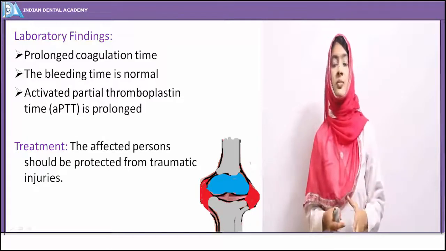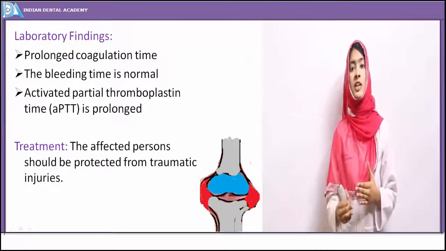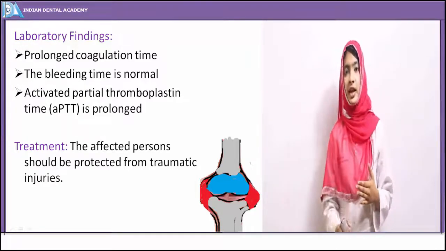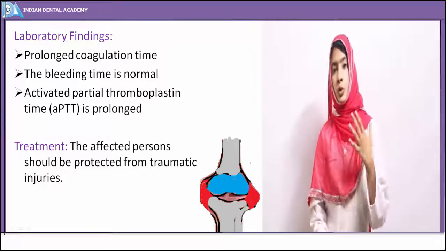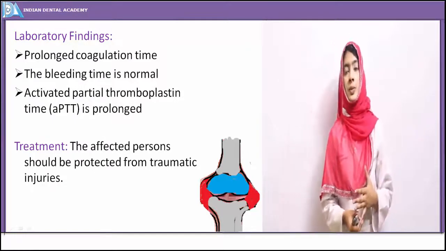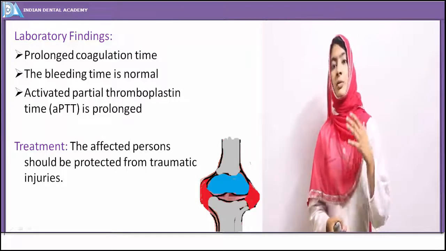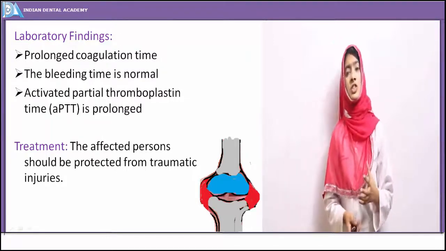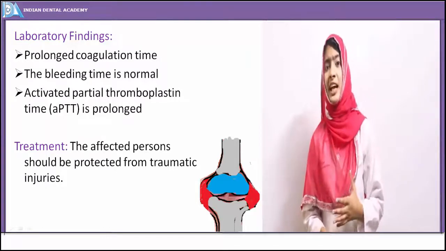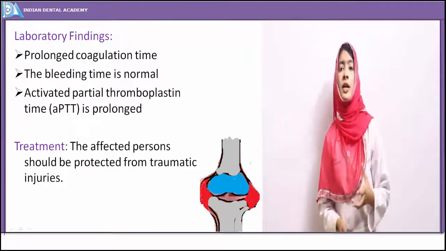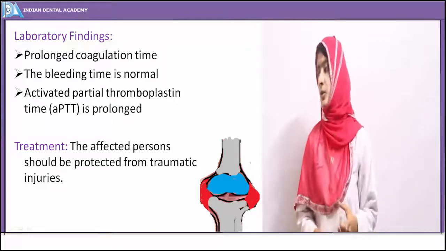It's just a preventive measure. In hemophilia A, it is a deficiency of factor 8, so you can transfuse whole blood or give factor 8 to the patient. Minor oral surgical procedures have to be avoided entirely, and when carried out, whole blood or plasma transfusion has to be given to this patient.